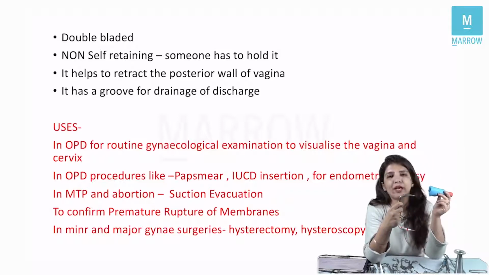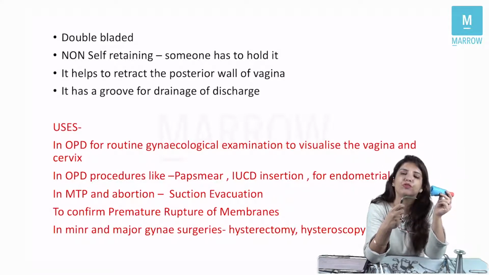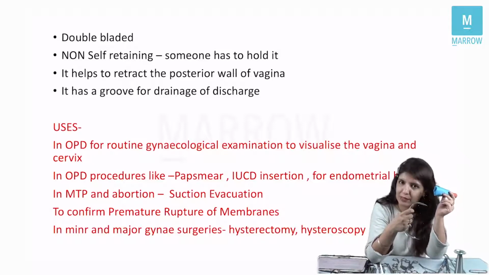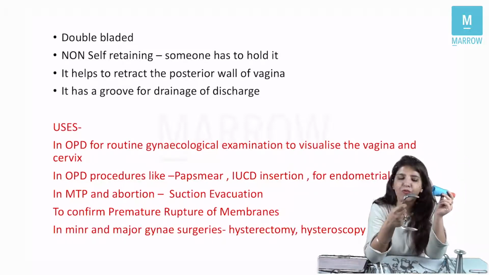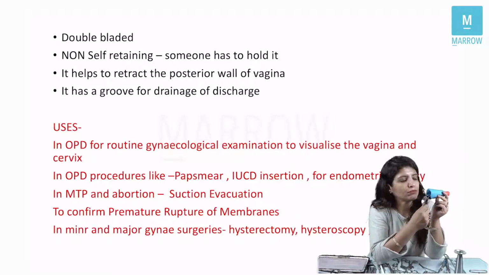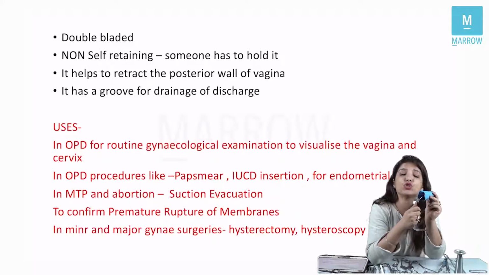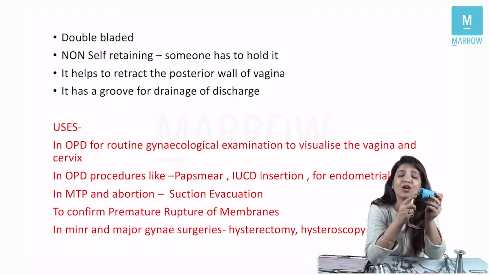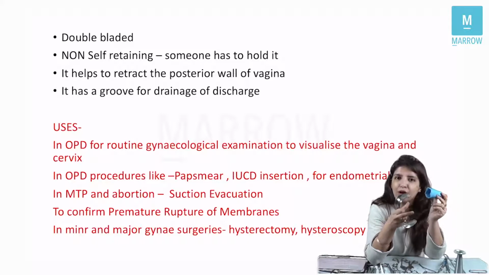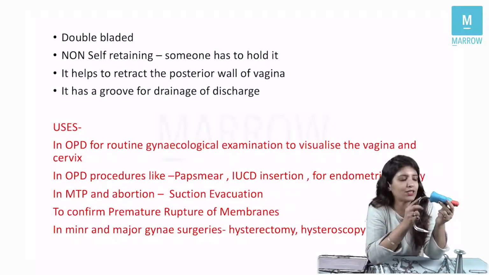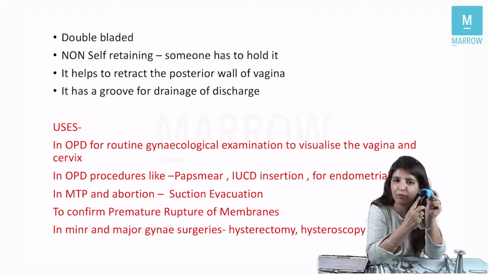Also, a Sims speculum can be used to identify rupture of membranes, right? If you're not sure whether the membranes have ruptured or not, because it is not a complete rupture, it is just some fluid coming out, not a gush of water, in that case you can put the Sims speculum and ask the female to cough.